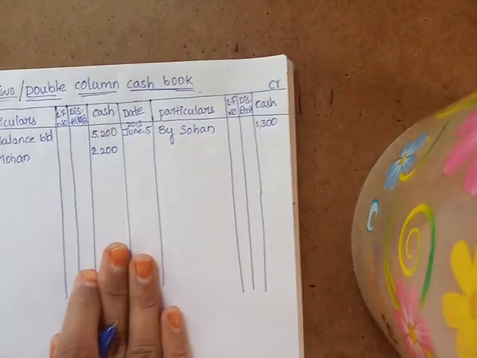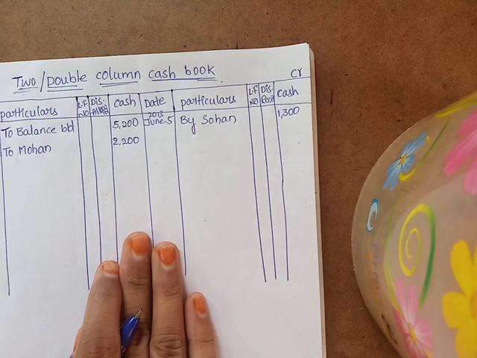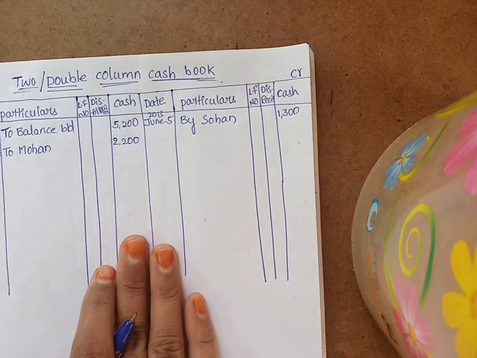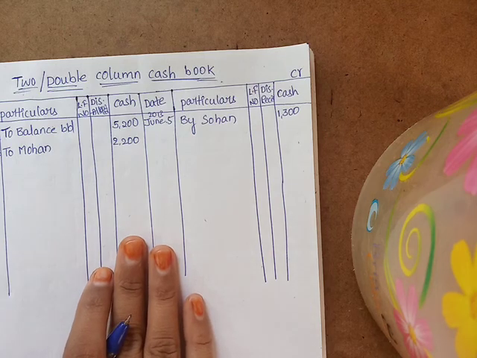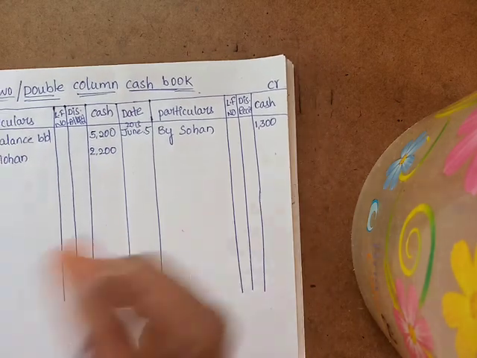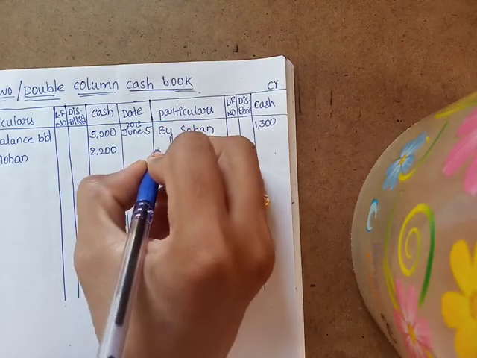Next, paid to Ram Gopal. Entry is what? Ram Gopal account debit, discount received account debit to cash account. So to cash, that is the credit side.